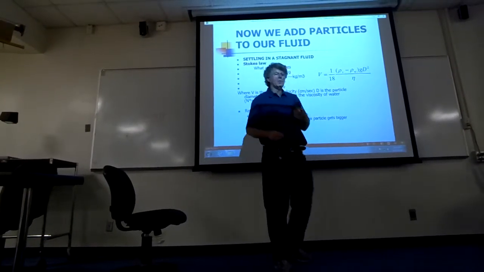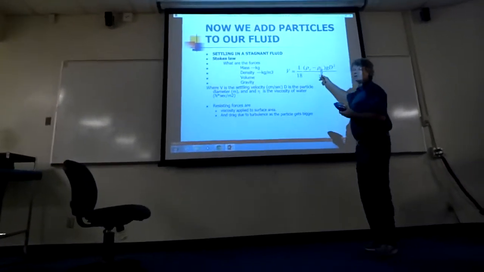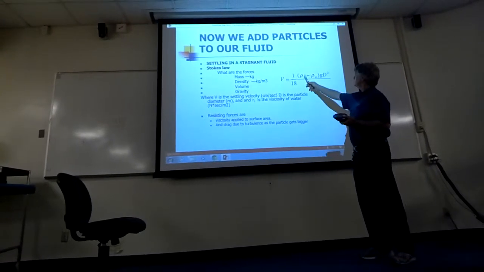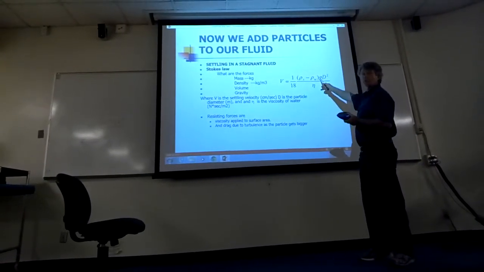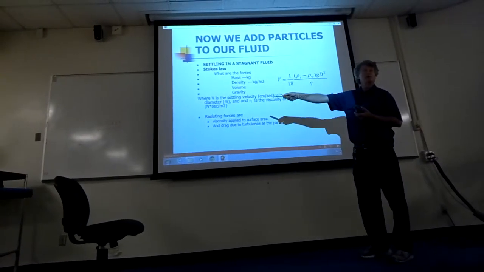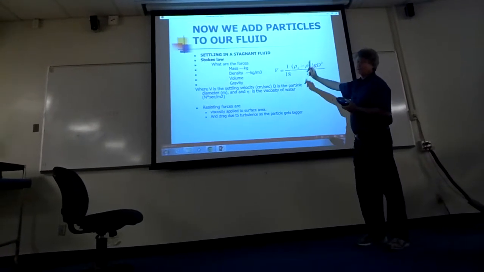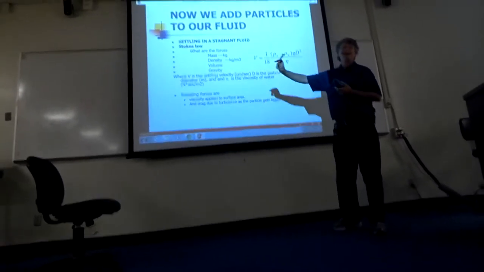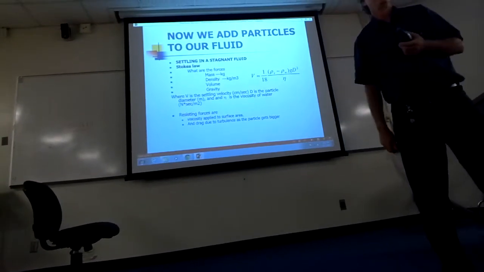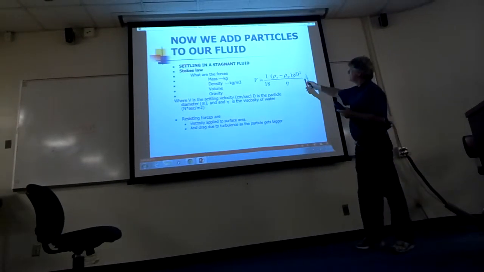So somebody real quick calculate. What's rho S minus rho W going to be? 1,700, right? So 1,700 times 9.8 times that horrible number, squared.